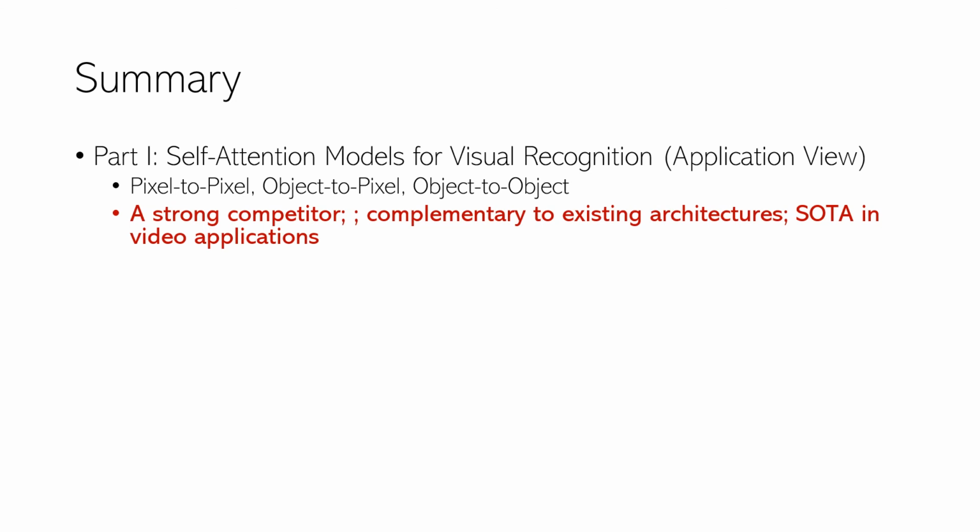At present, the self-attention module plays as a strong competitor than previous solutions. It's usually complementary to existing architectures. For video applications, many SOTA approaches are built on this module, and there is still much room to improve.